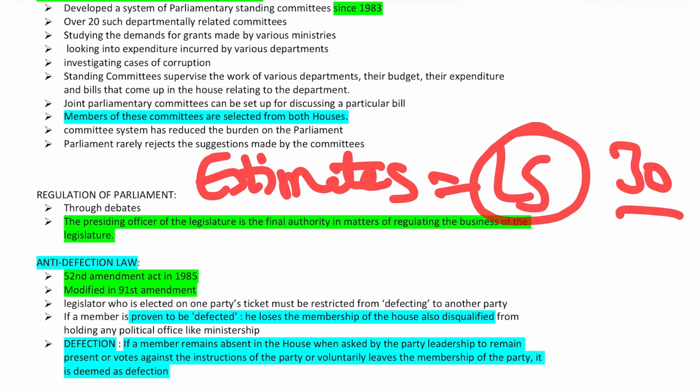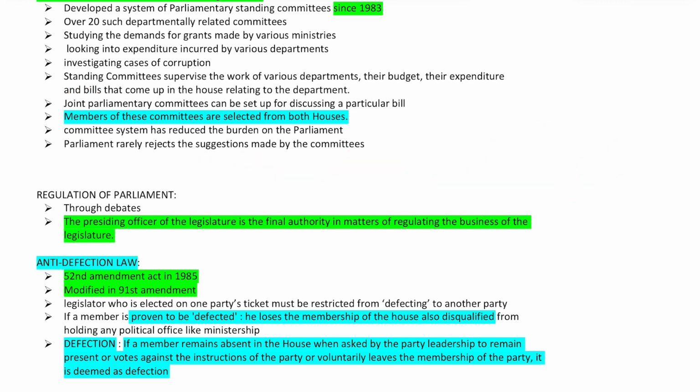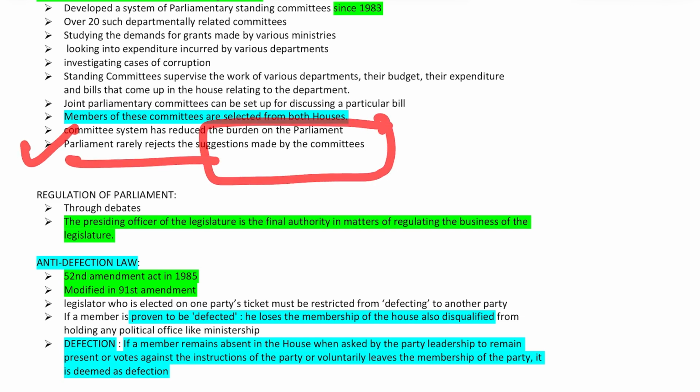It contains 30 members. The committee system has reduced the burden on the Parliament because there is more deliberate discussion, and these committees prepare reports and pass them on to the Parliament so that they would know the nitty-gritties of bills or demands for grants. The Parliament rarely rejects decisions made by these committees.